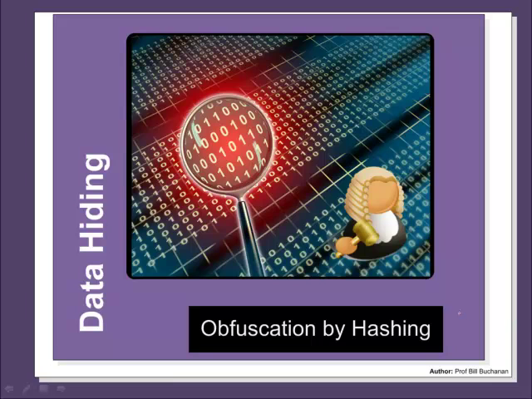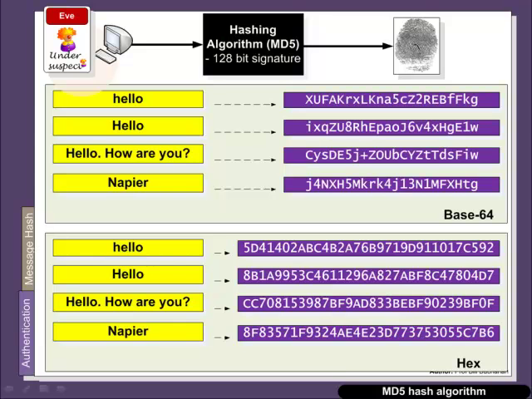Another method that a malicious party might use to hide information is to obfuscate it by hashing. Hashing works by taking any size of message and then converting it into a standard hash signature. In this case, base64 has a 128-bit signature.